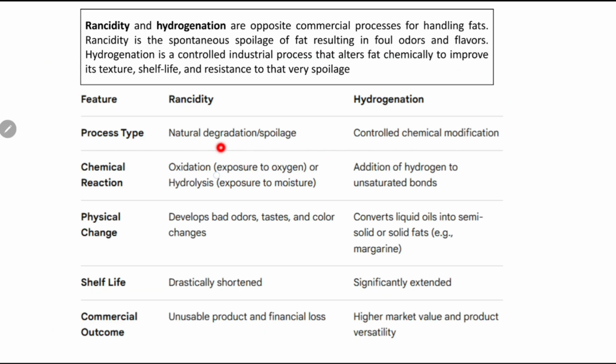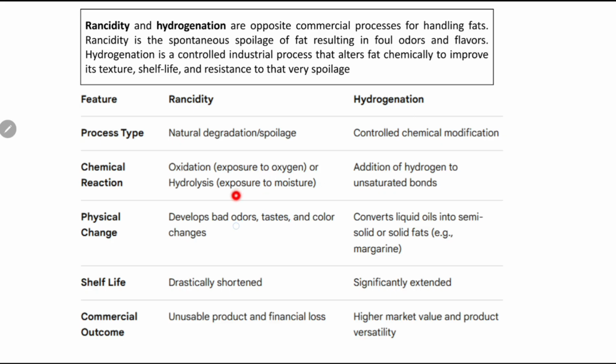This is the difference between rancidity and hydrogenation, which is done commercially. You can pause and read. Rancidity and hydrogenation are both oxidation, but hydrogenation is addition of hydrogen to unsaturated bonds, whereas rancidity is a natural process which happens by exposure to oxygen. It is oxygenation, right?